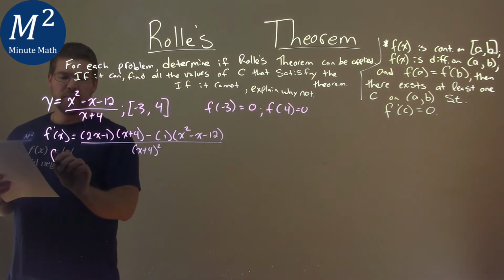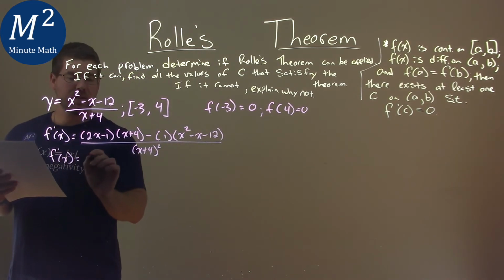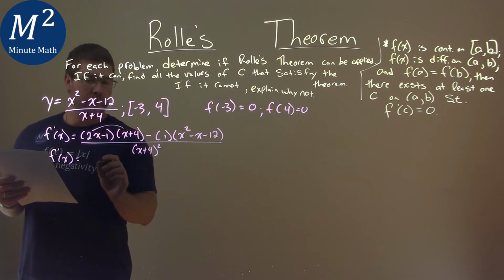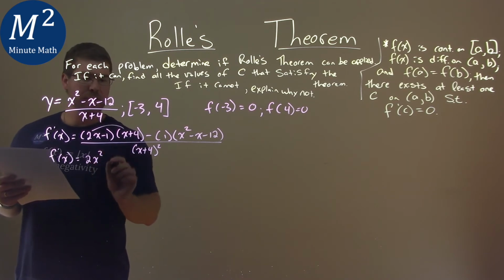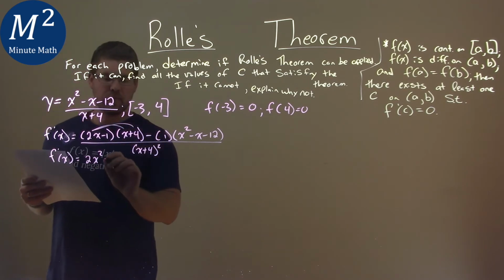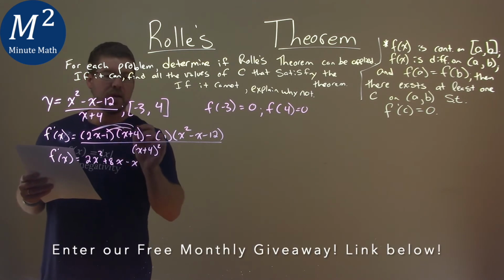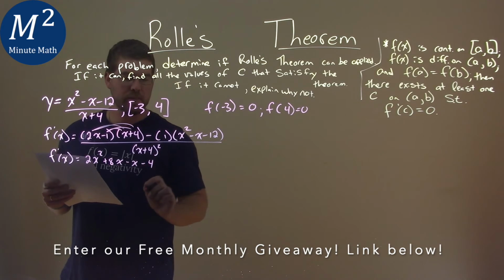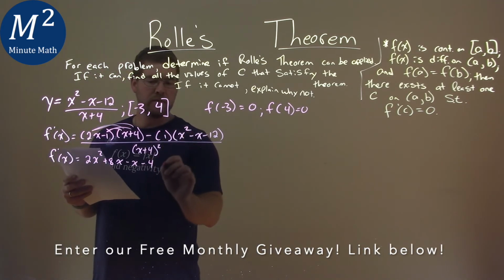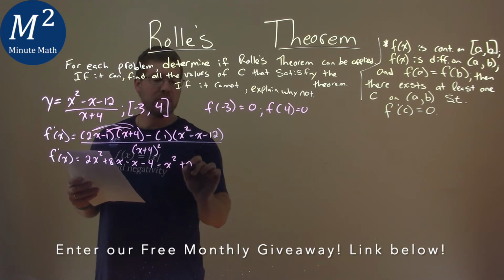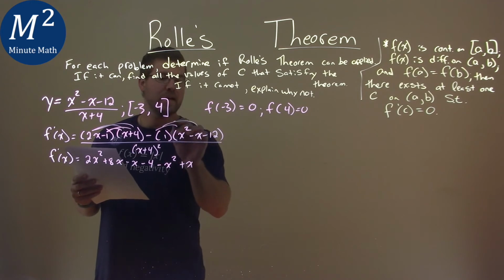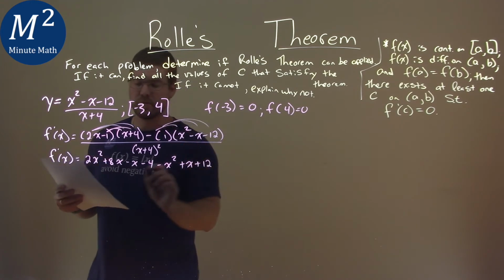To simplify this out, f prime of x is equal to 2x times x is 2x squared. 2x times 4 is 8x. Negative 1 times x is negative x. Negative 1 times 4 is negative 4. Minus, bring the minus sign over, minus x squared plus x, don't forget it, and then plus 12.